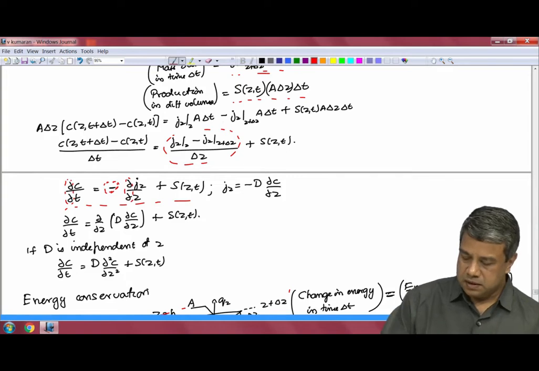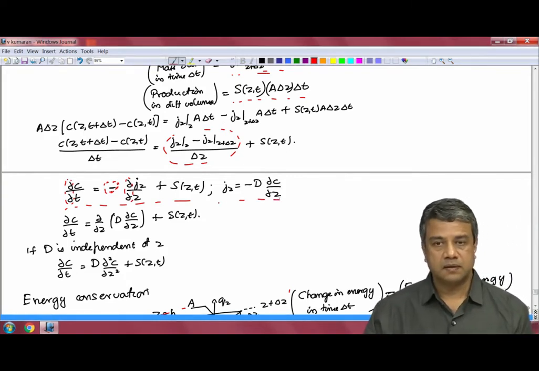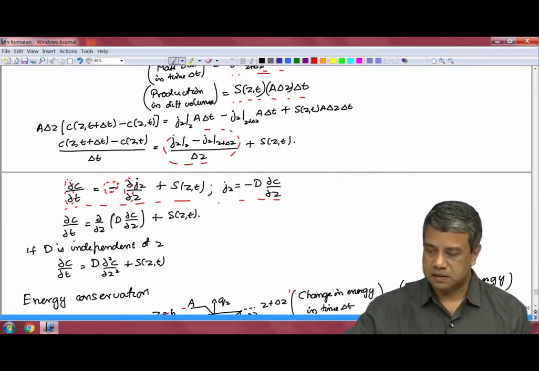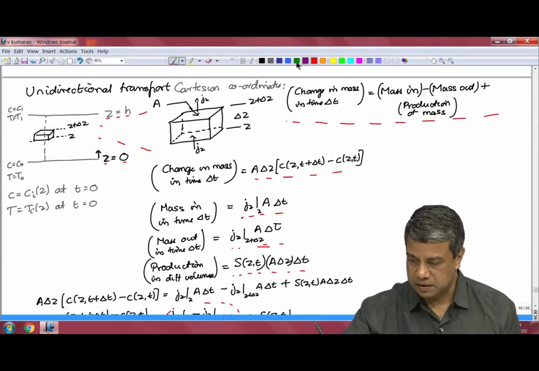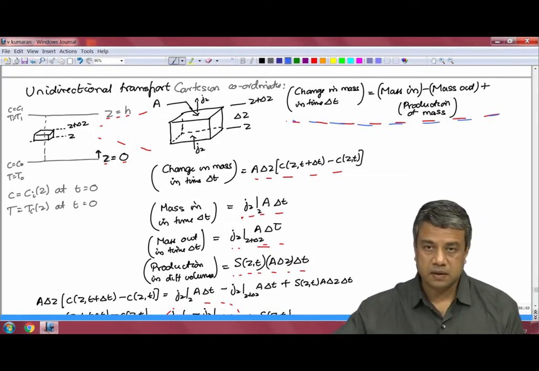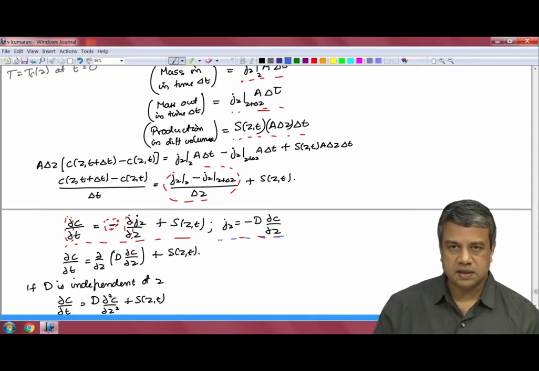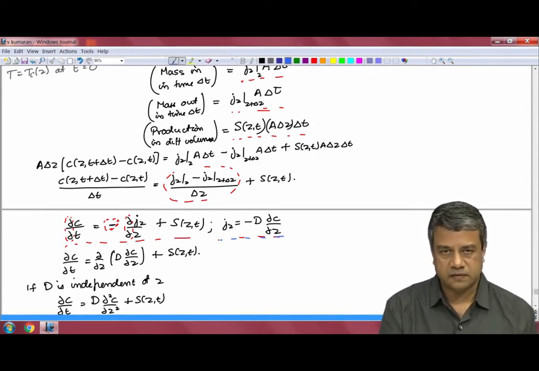If you use the constitutive relation, so I told you that when we derive conservation equations there are two inputs. One is the balance condition, which I just highlighted for you over here. This is the balance condition, and then you require a second input, and that is the constitutive relation. In this case the equation for the flux is the constitutive relation.